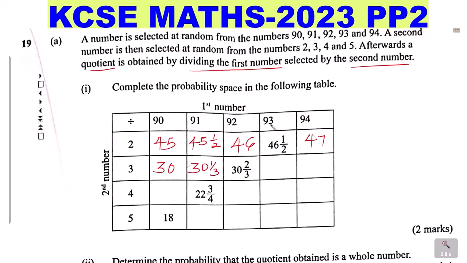The next, 93 divided by 3, we write the answer here. That would be 31. Lastly, 94 divided by 3, you write the answer here to be 31 and 1/3.